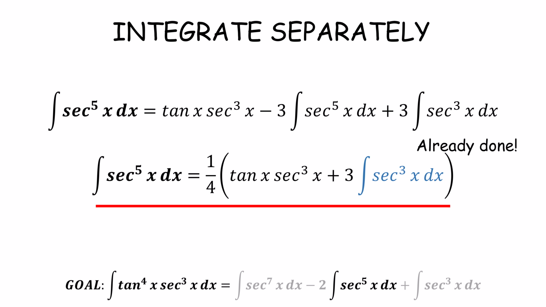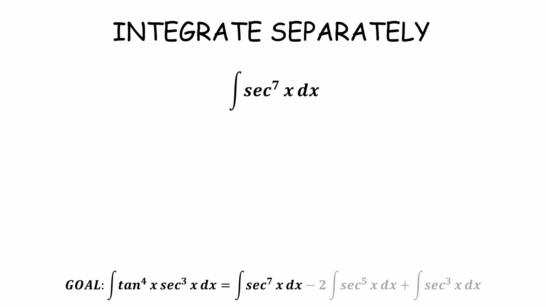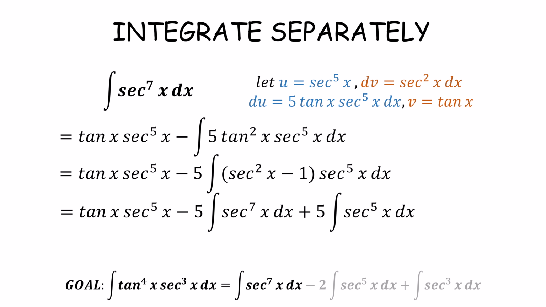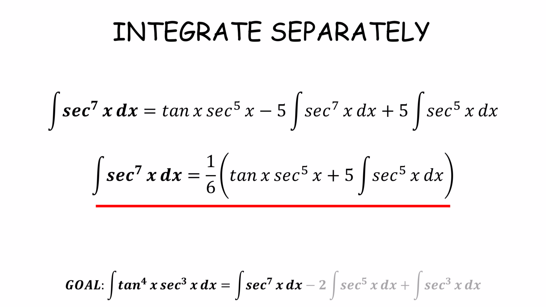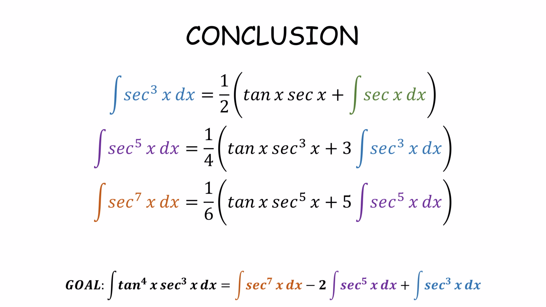Next, move on to the integral of secant x to the 7. We do the same thing as well. It's integration by parts and our calculation. Now we can get the result on the red line above. You can find that we are almost done with this problem. Now we have solved the integrals of secant x to the 3, to the 5, and to the 7.